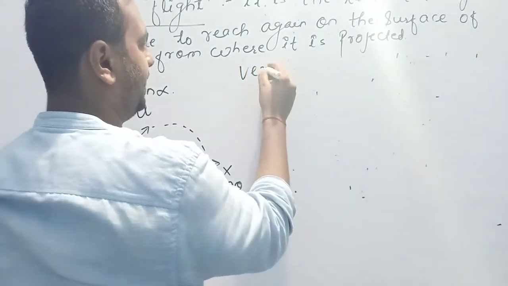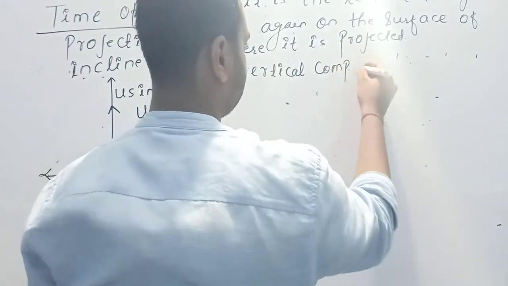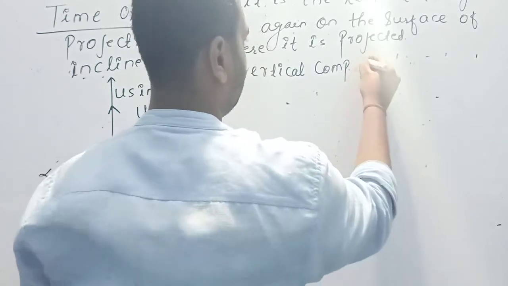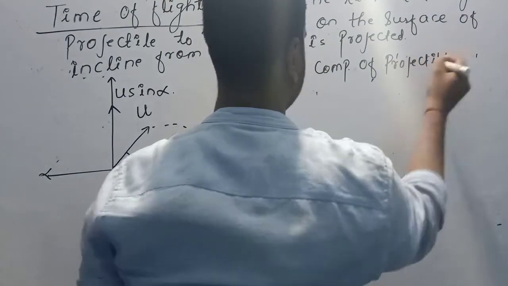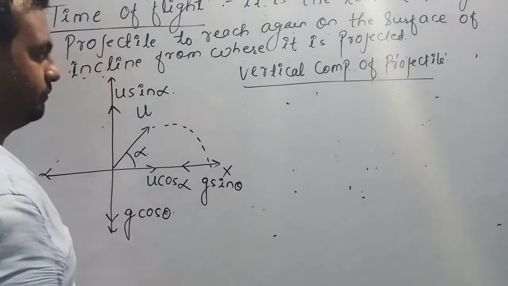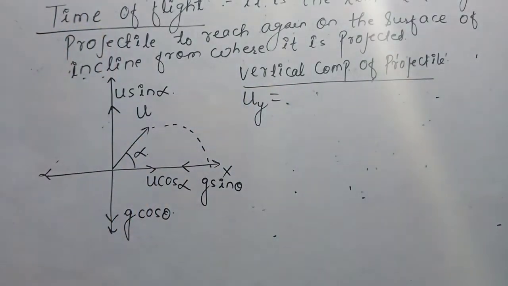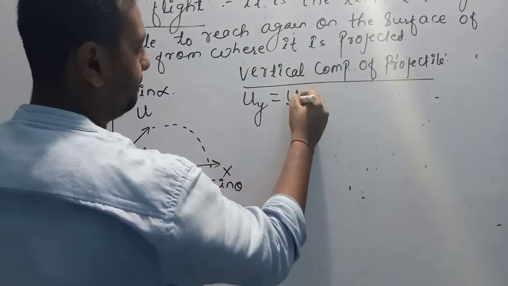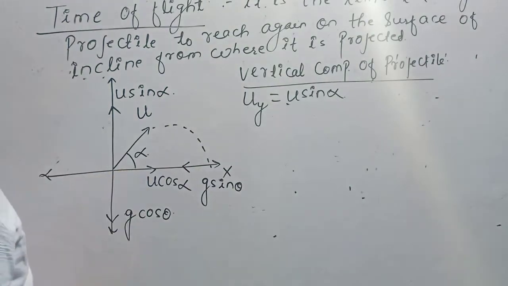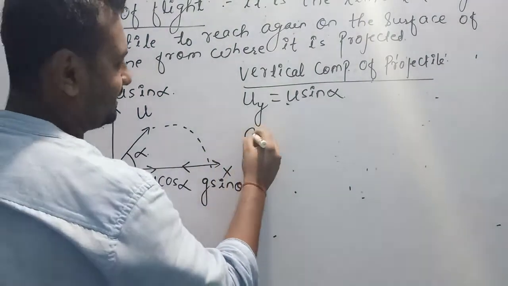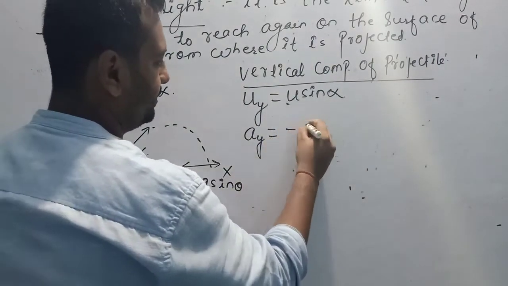The vertical components of the projectile are: the y component of initial velocity, that is equal to u sin alpha, and the vertical component of acceleration due to gravity, that is equal to minus g sin theta.